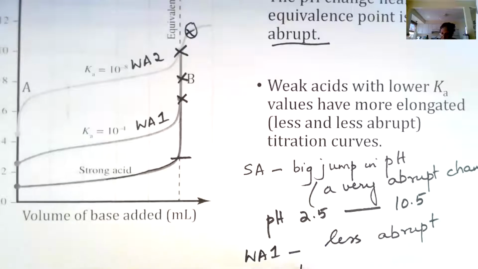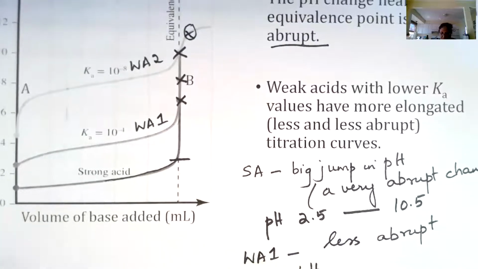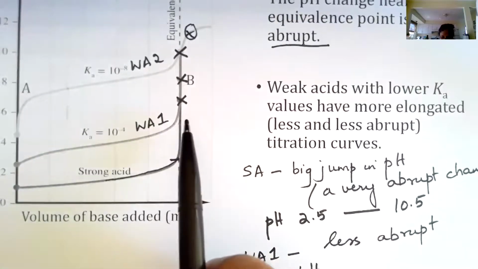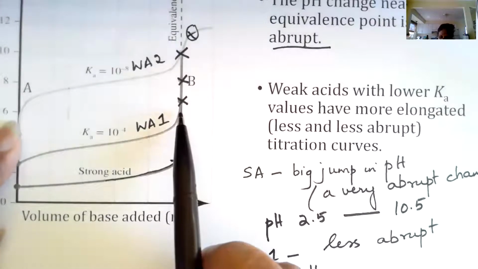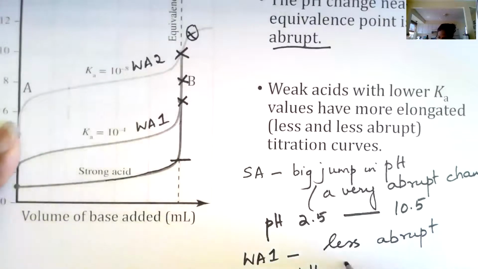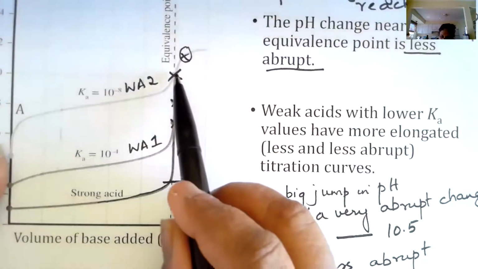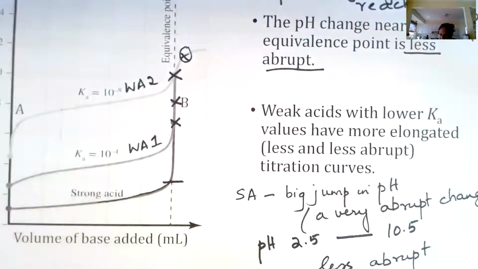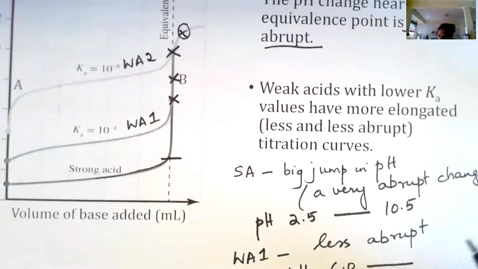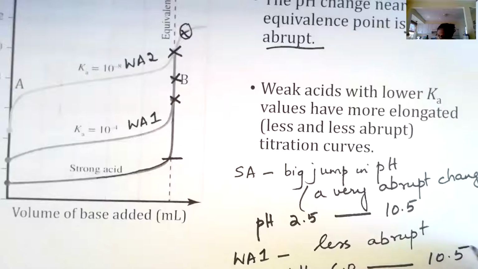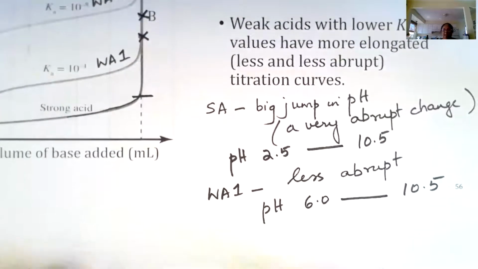Let's look at the pH change. I'm going to say it starts at about 6, and then it ends at about 10.5. So your pH meter will jump from a pH of 6 to 10.5 when you use weak acid 1.